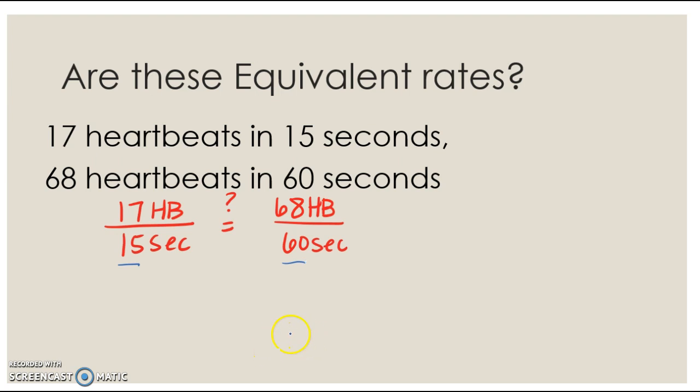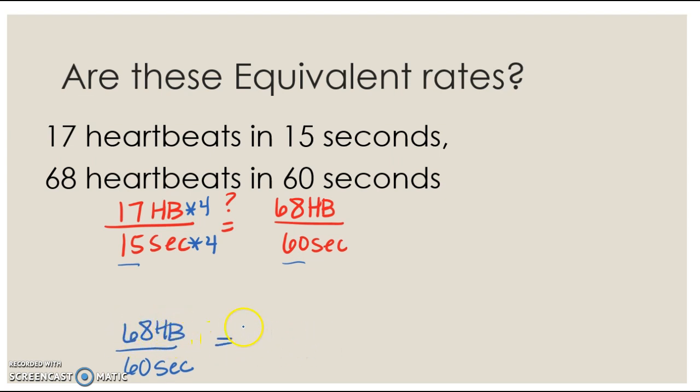So in order to get a denominator of 60, we have to take our 15 seconds and multiply it to make it larger. So we multiply 15 by 4 to get 60, so we have to do the same thing to our numerator. So we have 60 seconds here. 17 multiplied by 4 gives us 68 heartbeats.